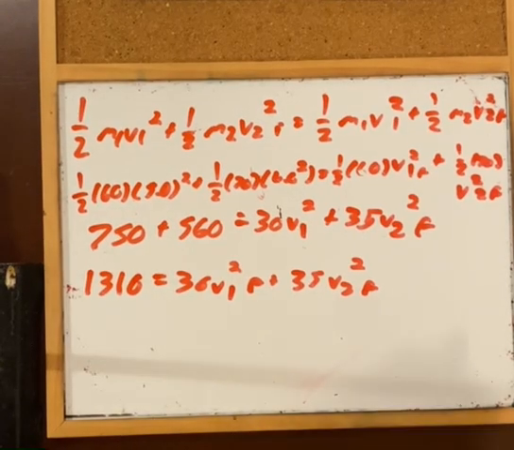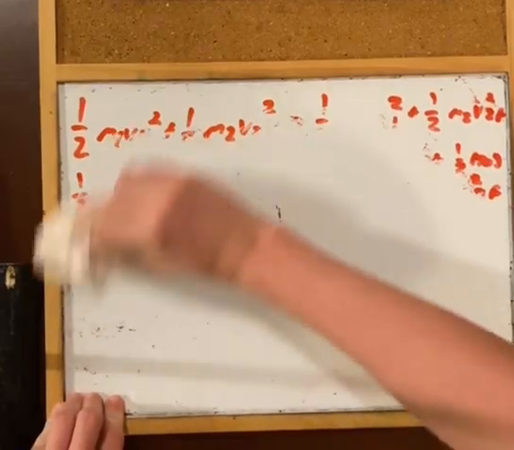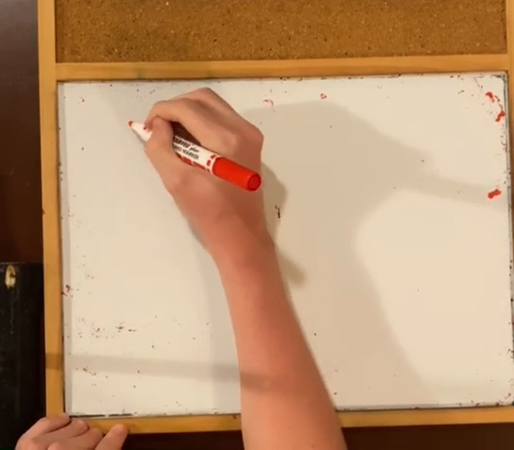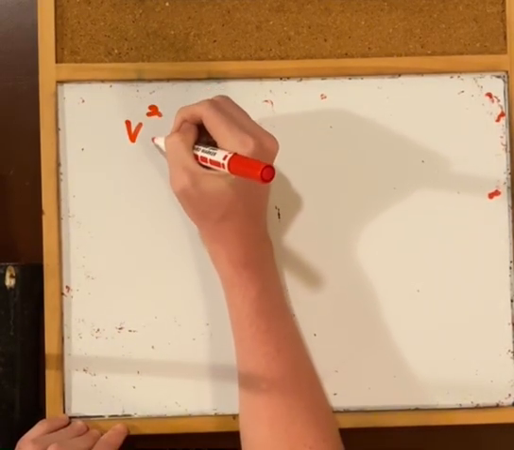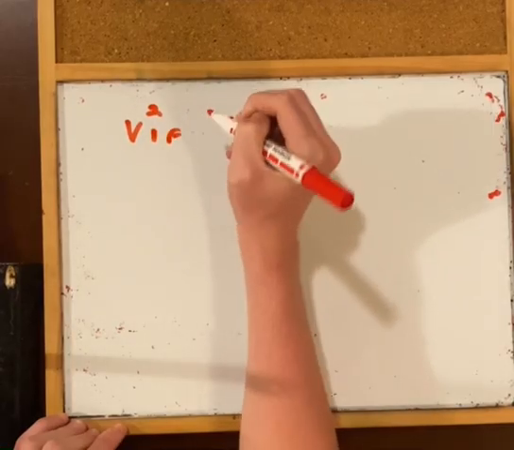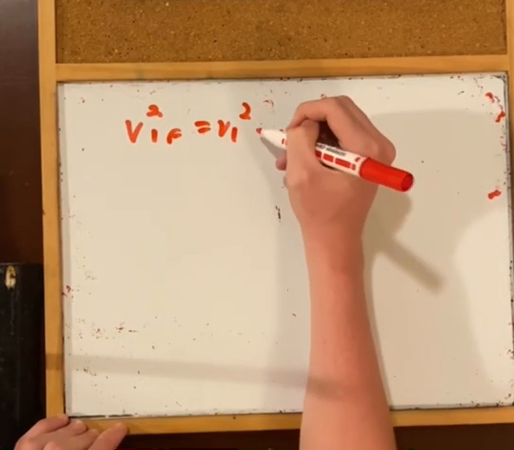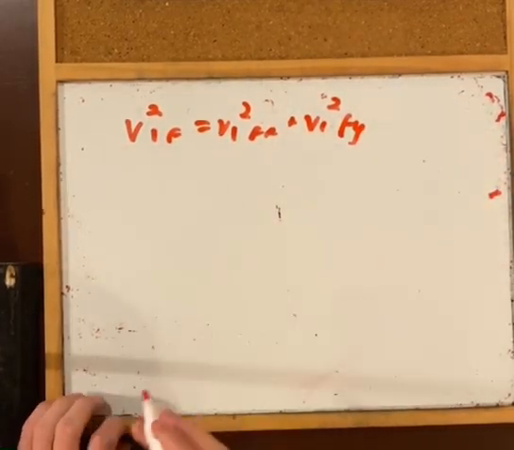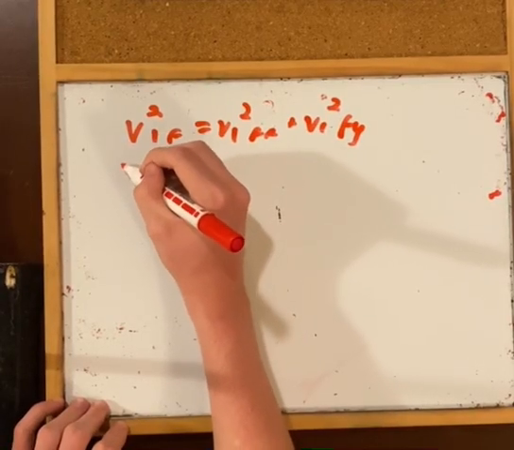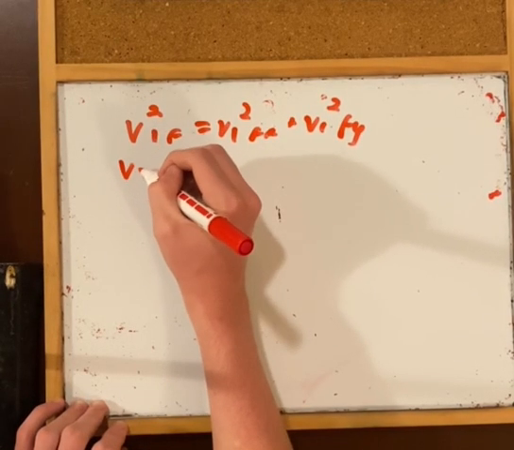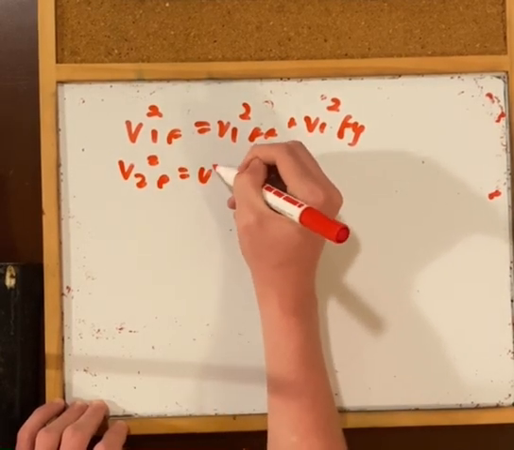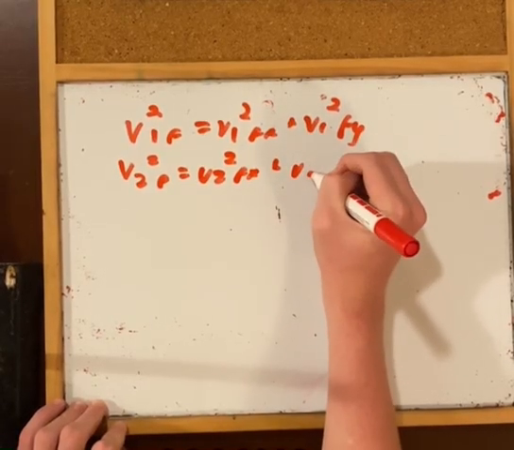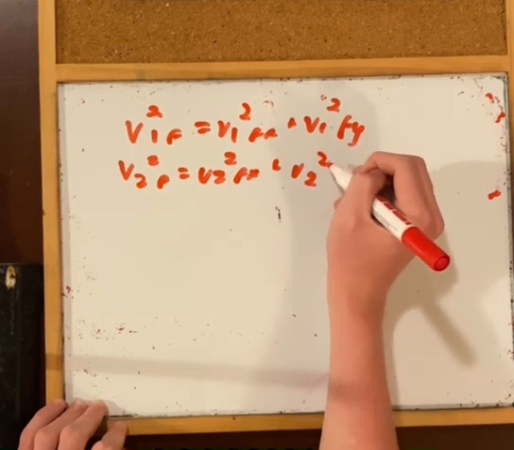We're expanding our final velocities into components, so v1f squared equals v1f of x squared plus v1f of y squared. And it's the same for velocity 2: v2f squared equals v2f of x squared plus v2f of y squared.